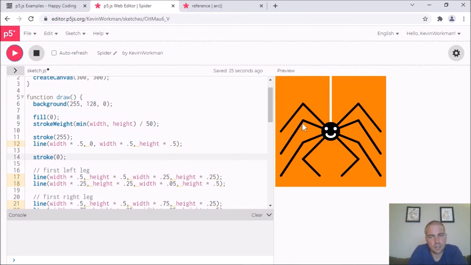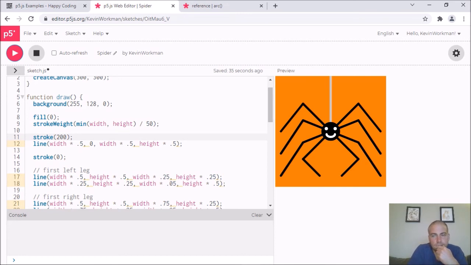Maybe, I don't know how I feel about that actually. Maybe I'll make it dark but not white. Oh no, that's the wrong thing. Maybe I'll make this darker. Maybe. I think that's pretty close.